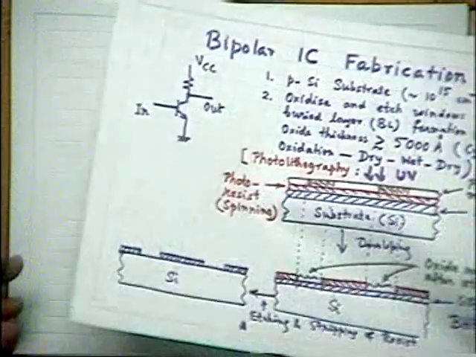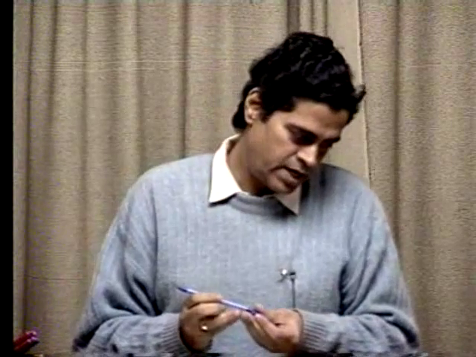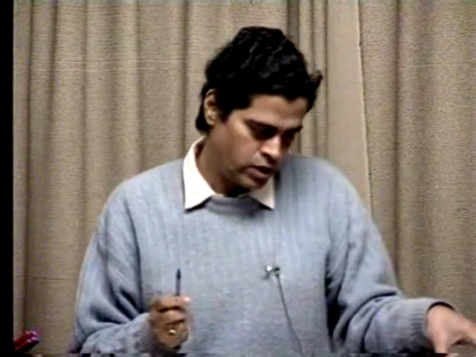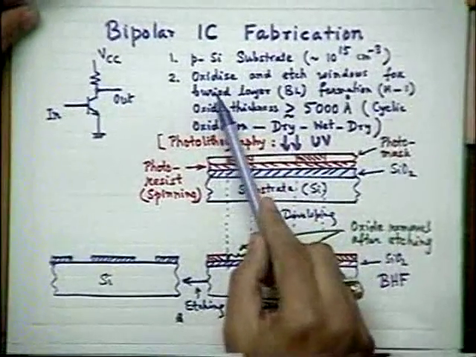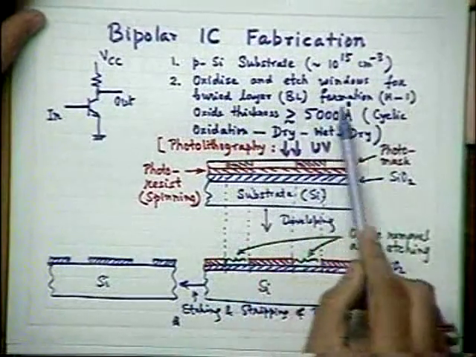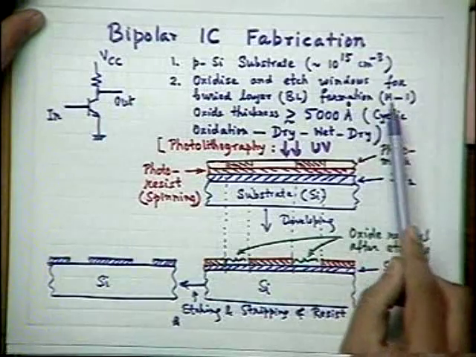So this is in brief the steps used in photolithography, which is used in almost every fabrication step of IC. Next process technique: we have told about the first step, the substrate, then oxidize and etch windows for buried layer formation using mask number 1.